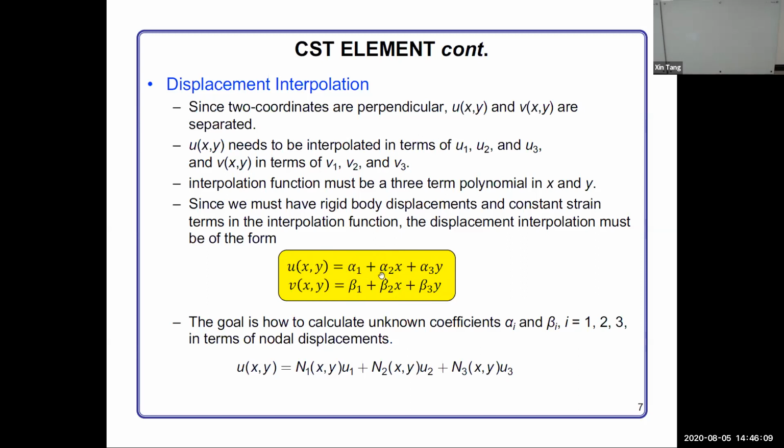Once we put the displacement values u1, u2, u3 into those alpha terms, then we can choose any x, any y, and find out the corresponding u displacement within that element. So eventually we will have a function that looks like this: u(x, y) equals N1 u1, N2 u2, N3 u3.